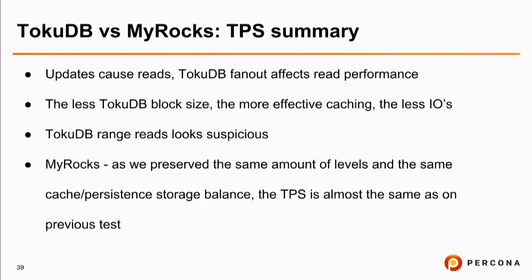I expected more performance from it because range reads for fractal trees should be a little bit easier. We have a leaf node, and this node already contains the range we are looking for. And the only thing we need is just to apply messages to this range.